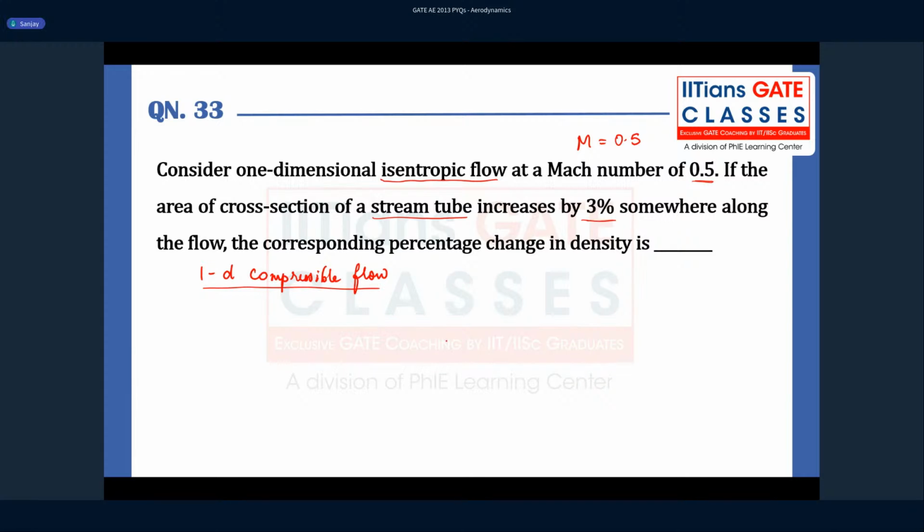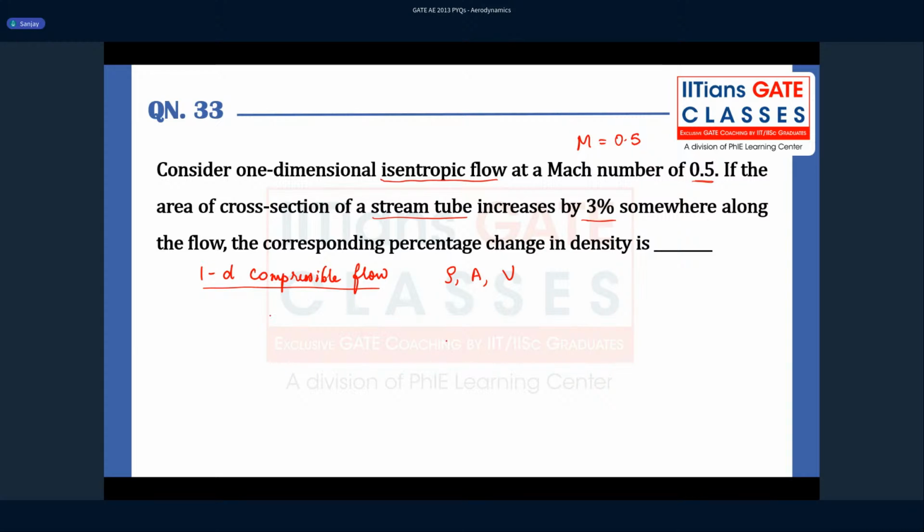Which is that basic equation that relates your density, area, and velocity, because Mach number can be written in terms of velocity, right? Which is that equation? That is the continuity equation, right?